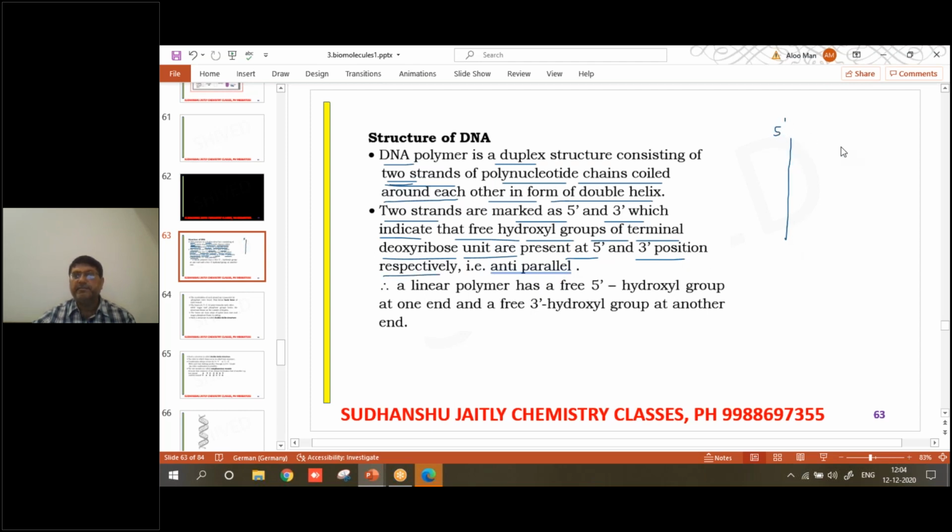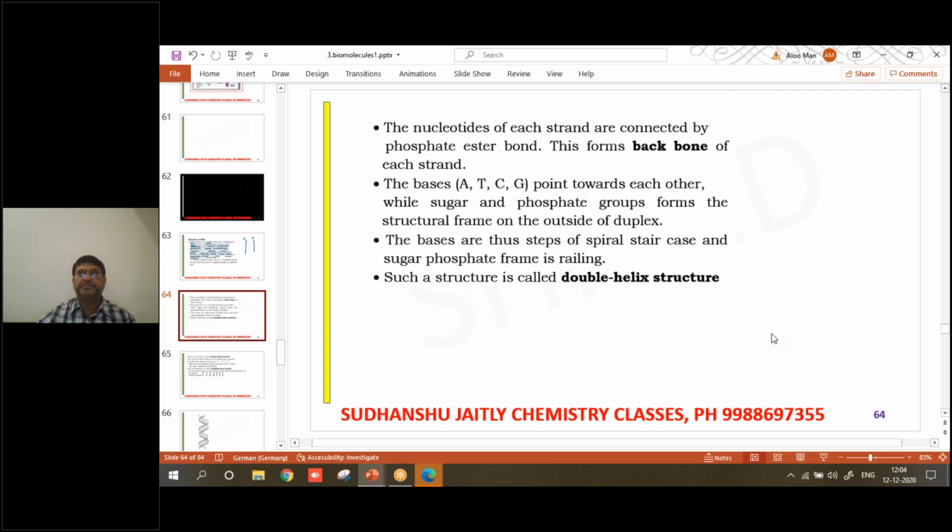One has 5' and the other has 3'. That is, a linear polymer has a 5' hydroxyl group at one end and a free 3' at the other end.